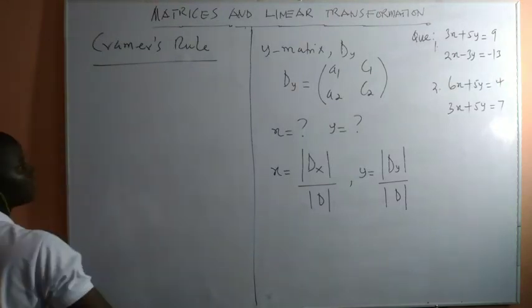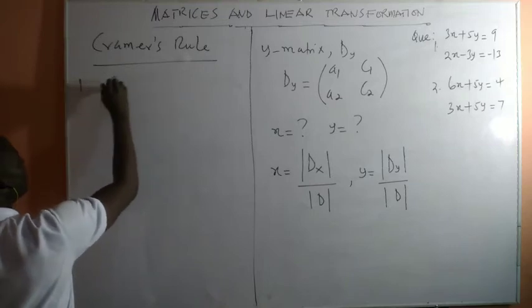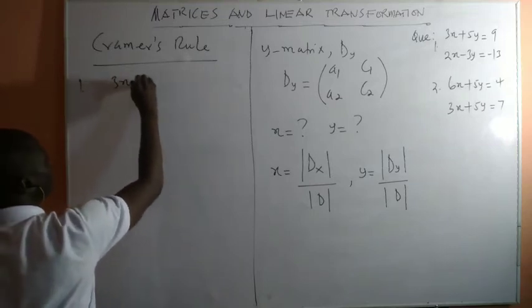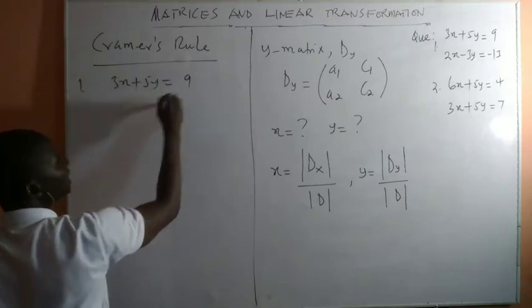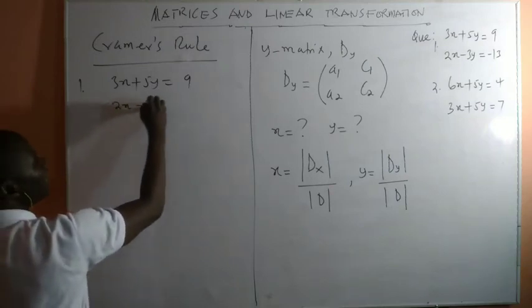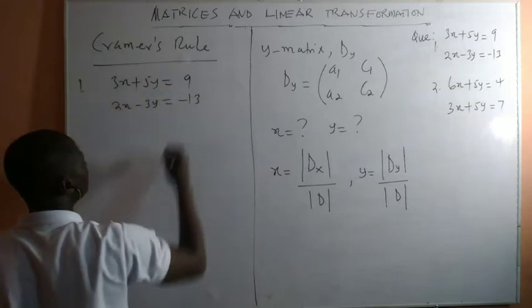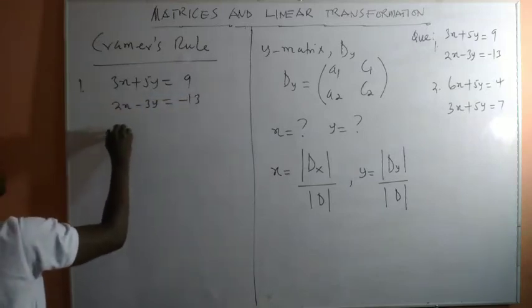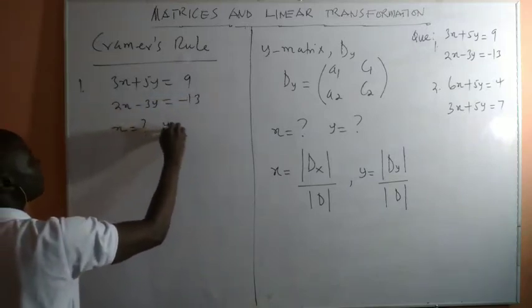Now, the first, we have 3x plus 5y equals 9. Then we have 2x minus 3y equals minus 13. So to solve for this means find x and find your y.